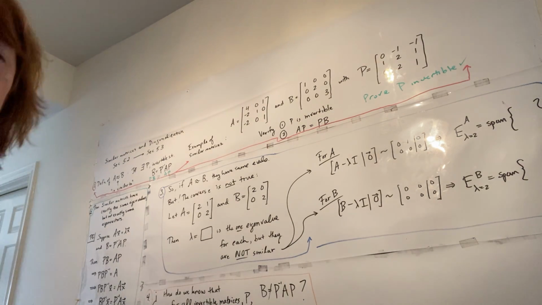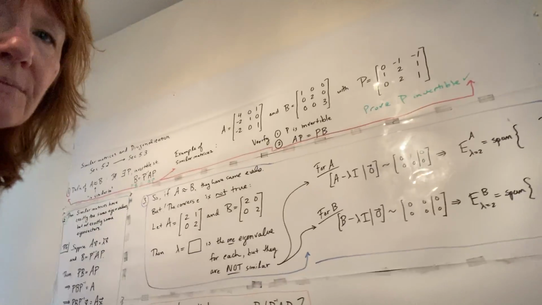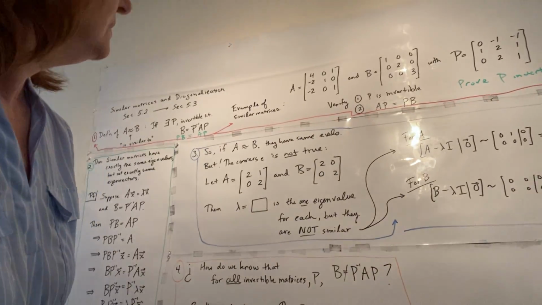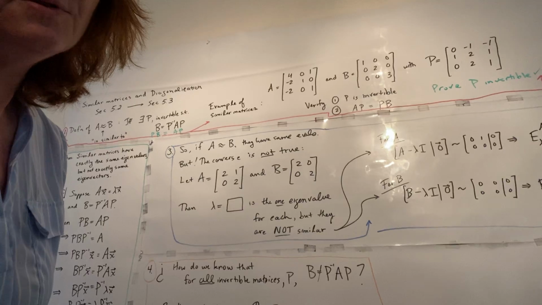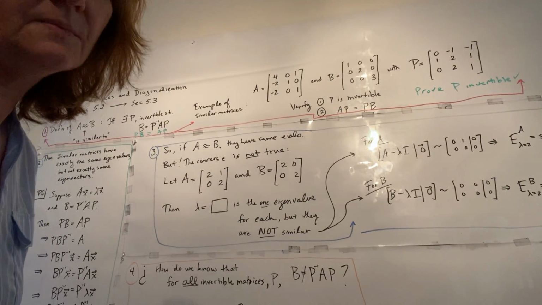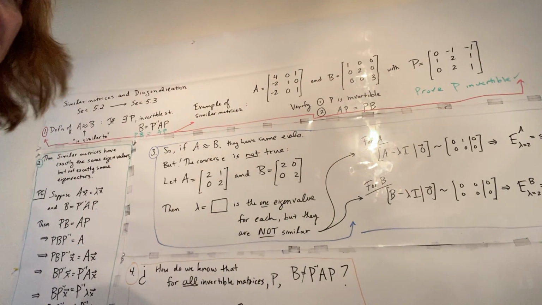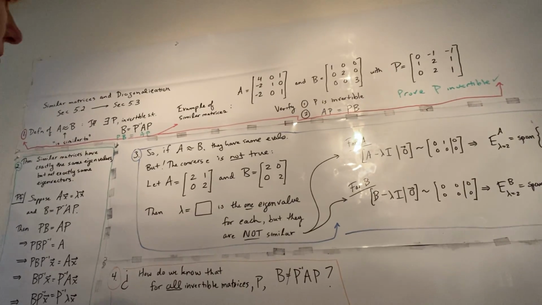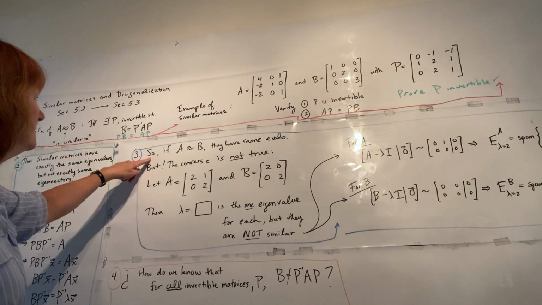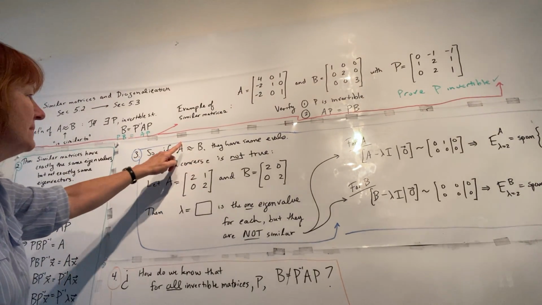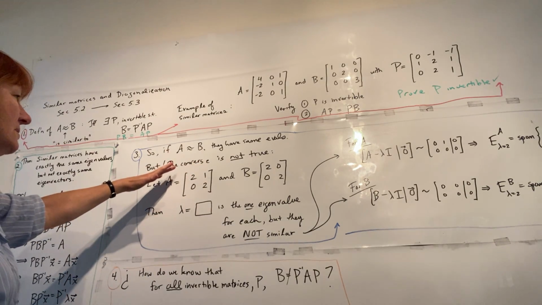Now let's come back over here. All right. So if A is similar to B, they have the same eigenvalues.